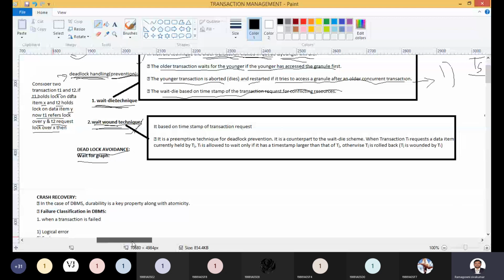It is based on the timestamp of the transaction request. It is a preemptive technique for deadlock prevention, and it is a counterpart scheme. When transaction Ti requests a data item currently held by Tj, Ti is allowed to wait only if it has a timestamp larger than Tj.